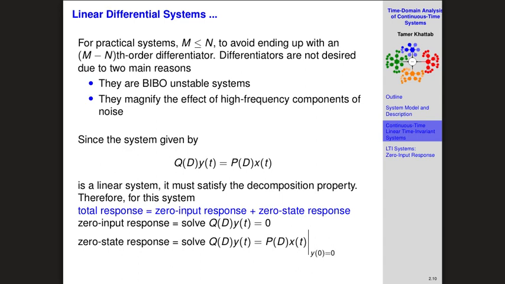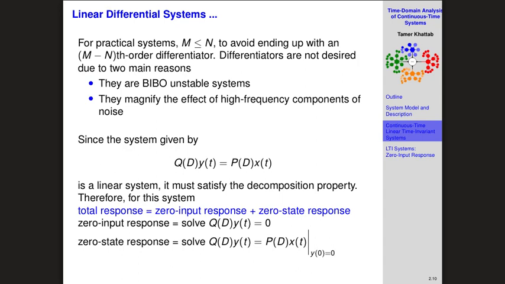It says that if you want to calculate the total response from this system, you can divide that into two separate steps and simply add them together. You can calculate the output from the system without any input, so you assume the input goes to 0, and you only calculate the output that comes out of the system due to initial conditions.